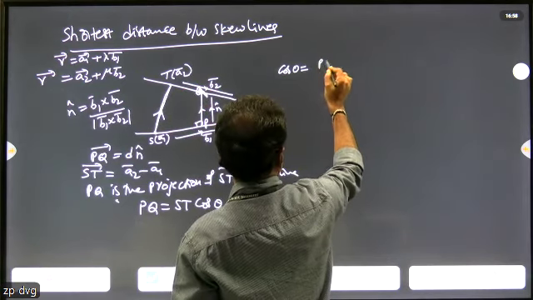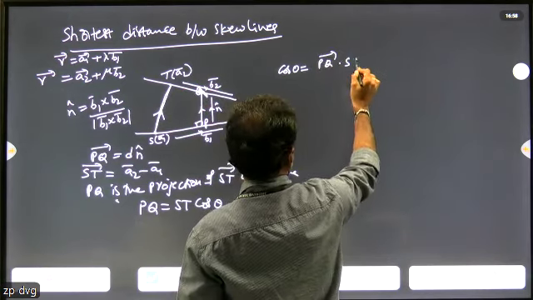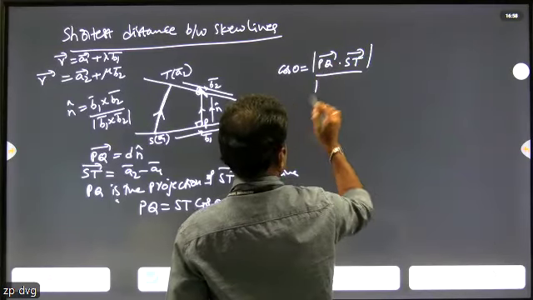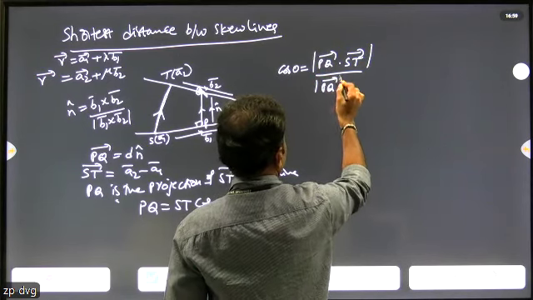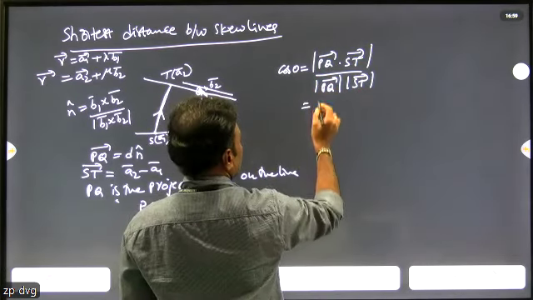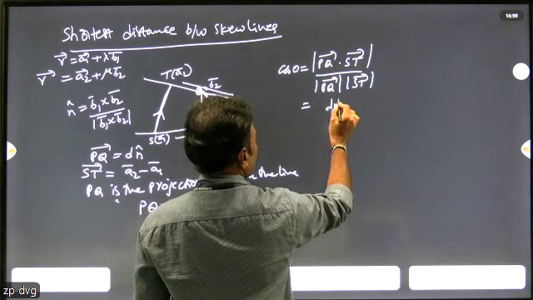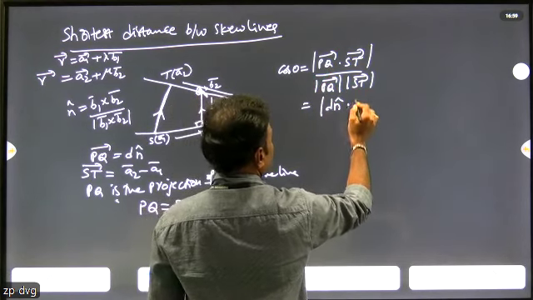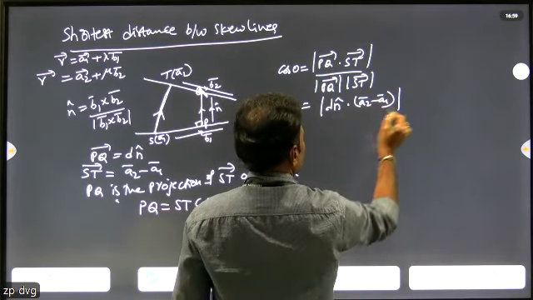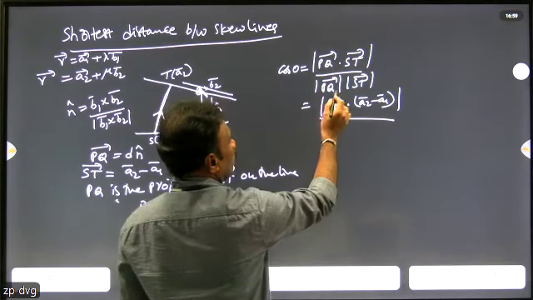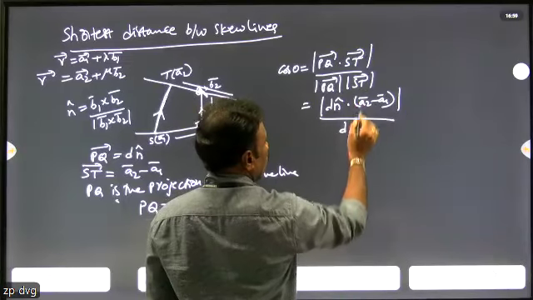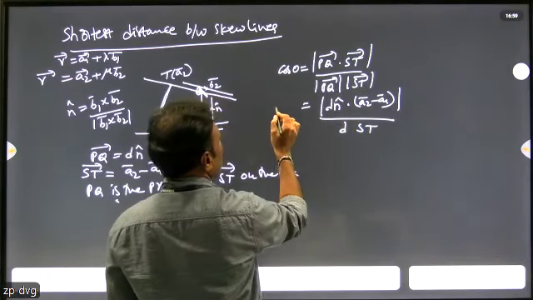You will get PQ bar dot ST bar by mod PQ bar into mod ST bar. PQ bar means D n cap, dot ST bar, and ST bar means A2 bar minus A1 bar, by mod PQ bar into mod ST bar. Mod PQ bar is D.